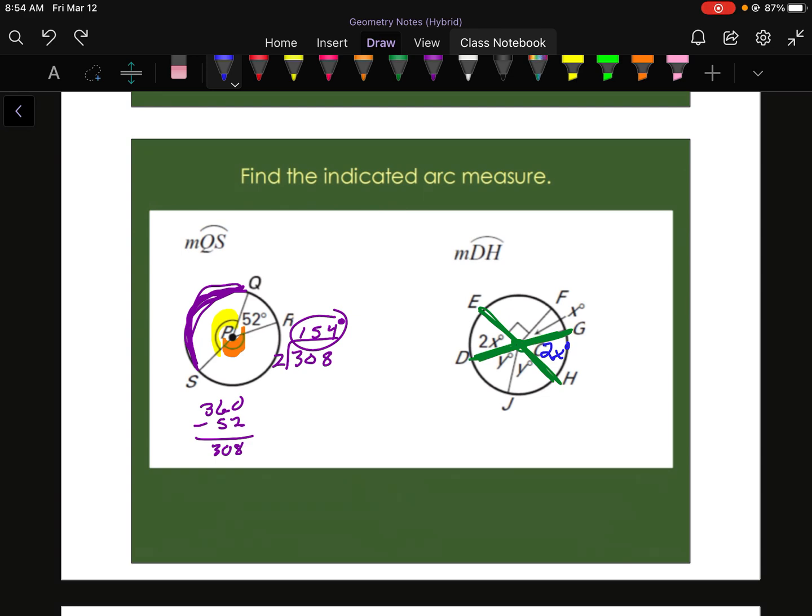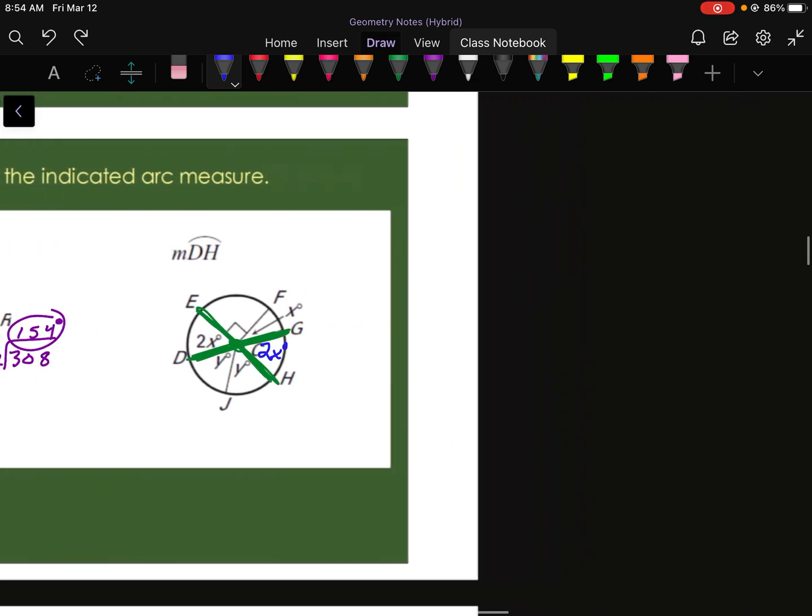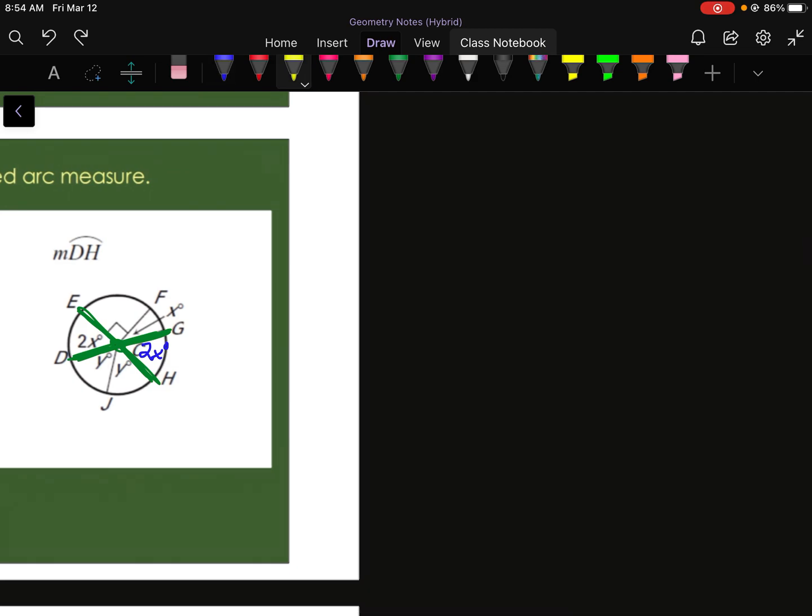And now we probably have enough information, so we want to find arc DH. Well, we're probably going to have to just find X and Y. Let's start by finding X and Y. So I'll just scroll over here to the right. So to find X, let's take a look at this semicircle here. So again, we have 180 degrees.